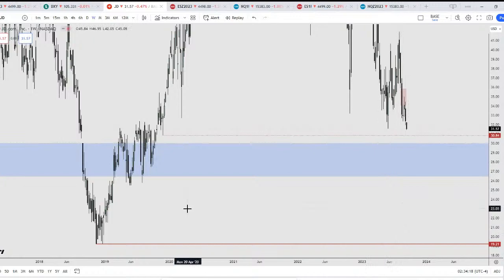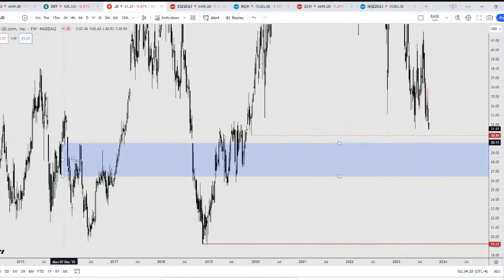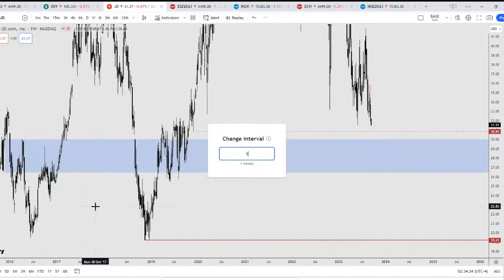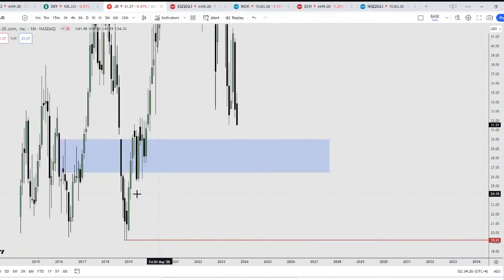and then we would most probably be trading into this blue shaded area. That is an old inversion on the monthly chart, I believe. Let's take a look. Yep, the monthly chart. So that would be an old inversion fair value gap on the monthly chart, which is also a balanced price range.